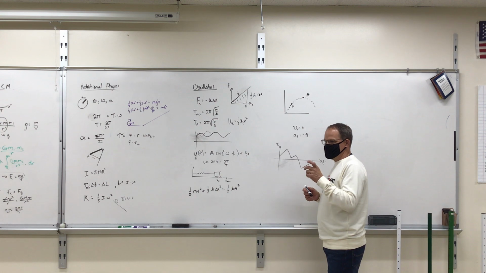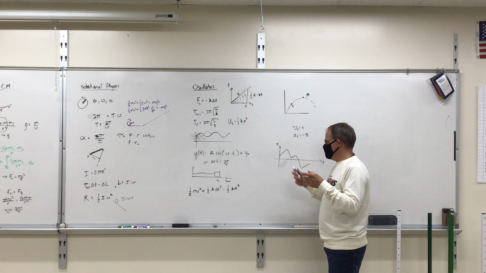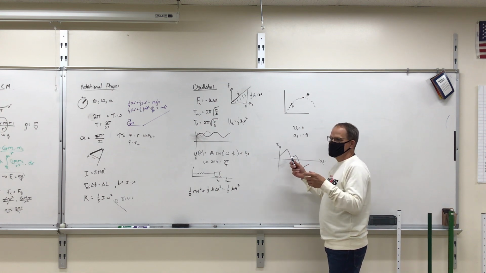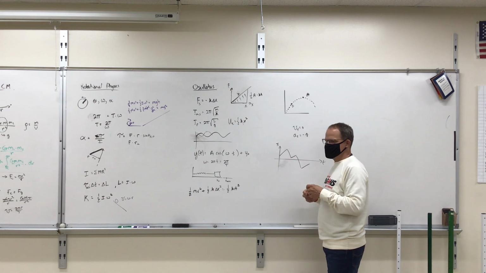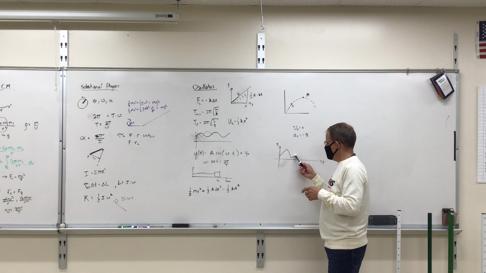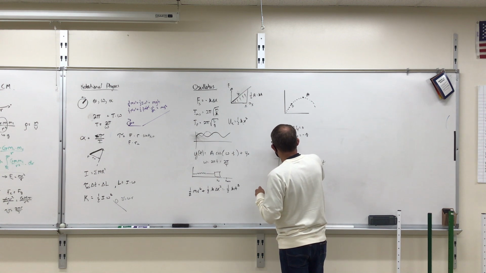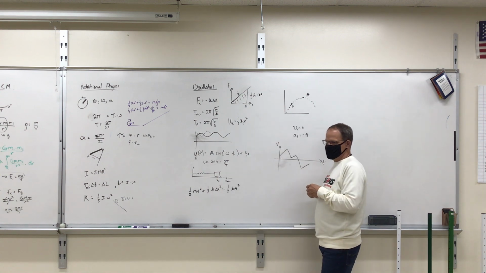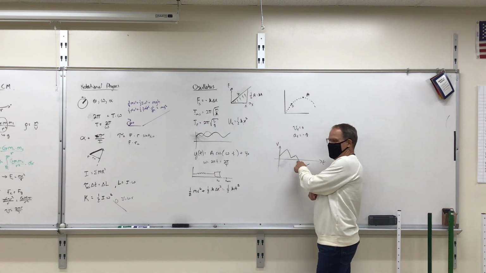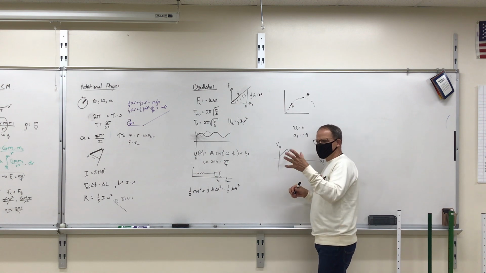It means your velocity changed sign. Your velocity is the slope. How many times did the slope change signs? 1, 2, 3, 4. If this was the velocity, how many times does it change directions? Just once, right there. That's where the velocity changes sign.